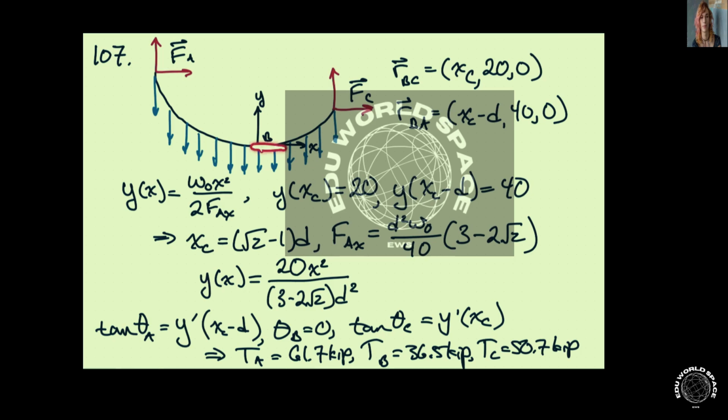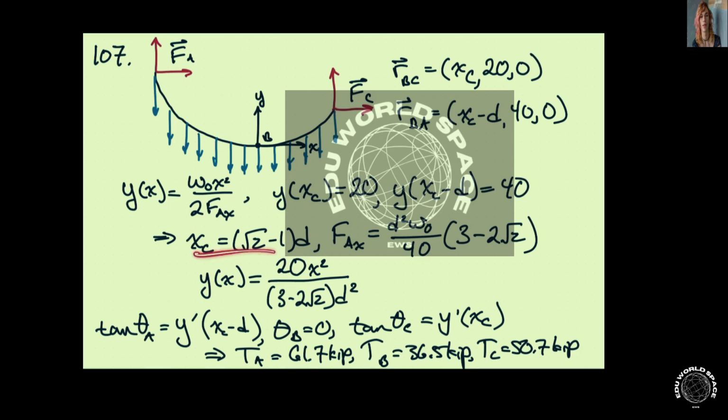Theta is 0. The angle between the horizontal and the tangent is 0 at point B, and at point C, the tangent of the angle here is y prime at x sub c.